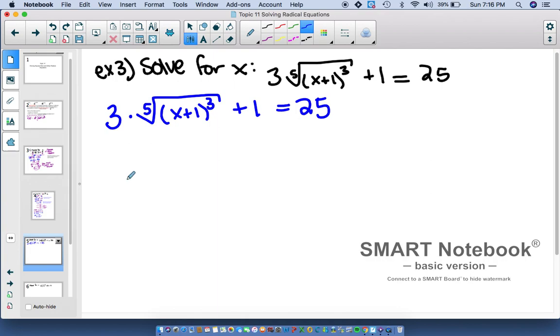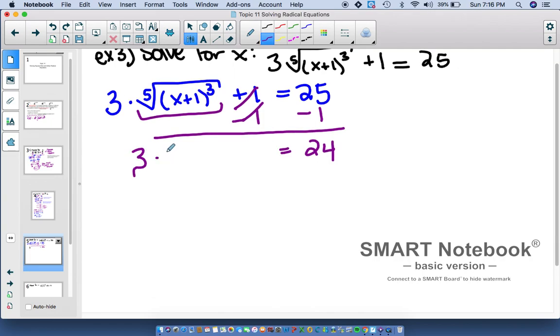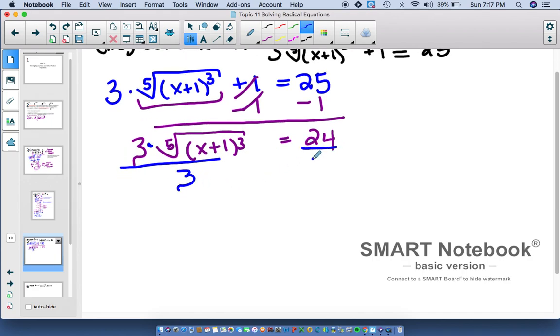Okay, same rules apply. You have to get your radical by itself. So you see this plus 1, let's get rid of it, subtract 1. So this is 24. And here I'm left with 3 times the 5th root of x plus 1 cubed. Very good. I still have this 3. It's being multiplied technically, so let's divide by 3.